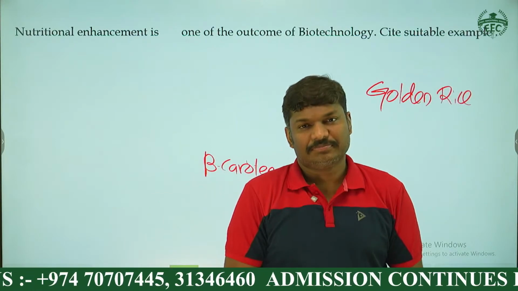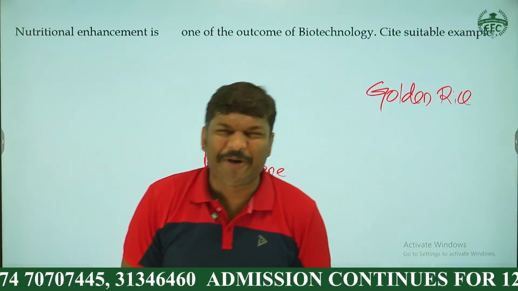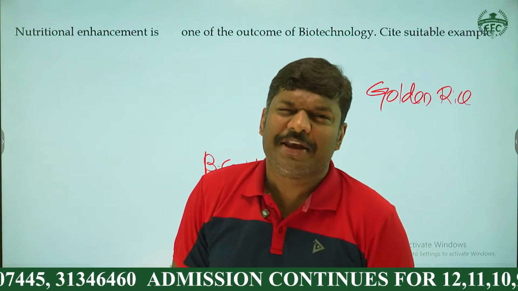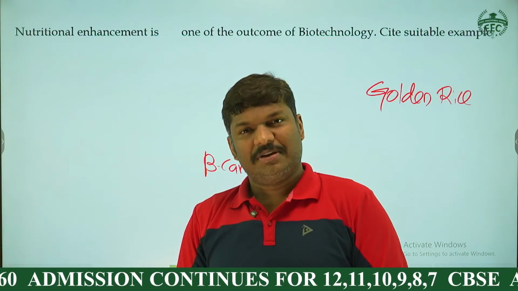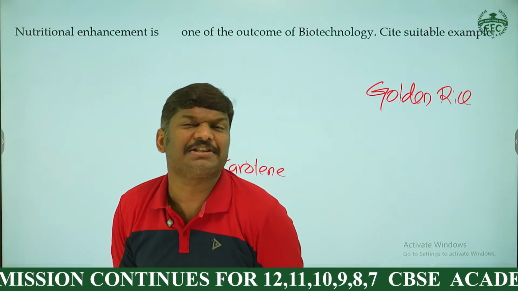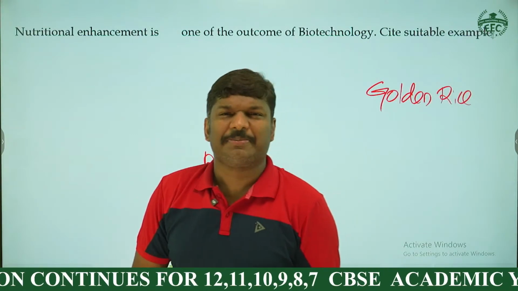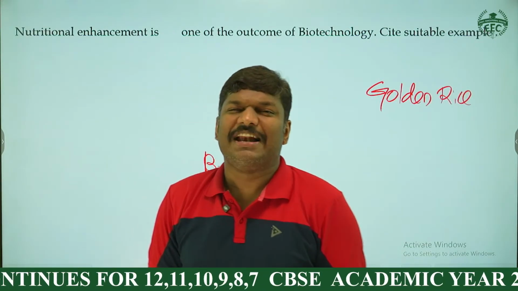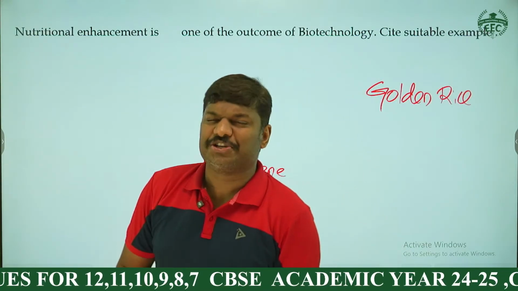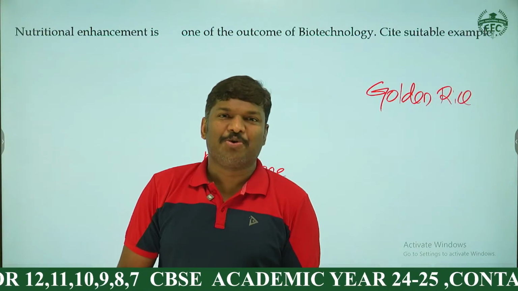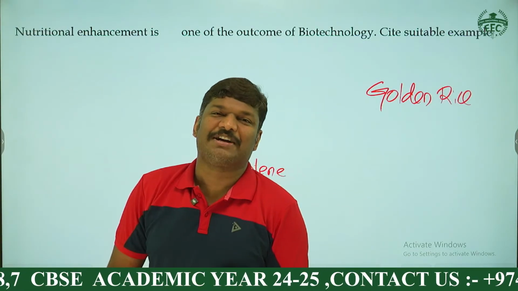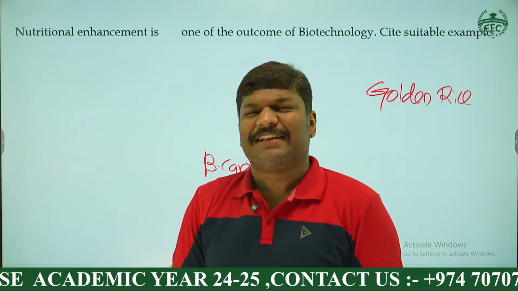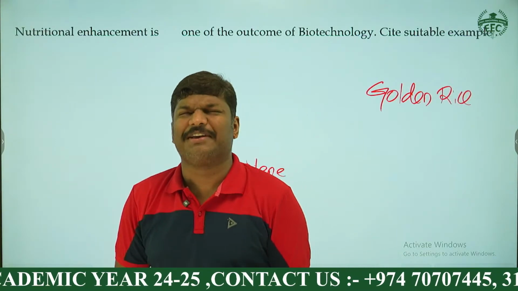There are so many people in India who suffer from night blindness or vitamin A deficiency disorders, my dear students, and they are not getting proper vitamin A supplements. Vitamin A is present in leafy vegetables, fruits and vegetables. Most people cannot afford those fruits and vegetables, so they lack vitamin A, which leads to a condition called night blindness.